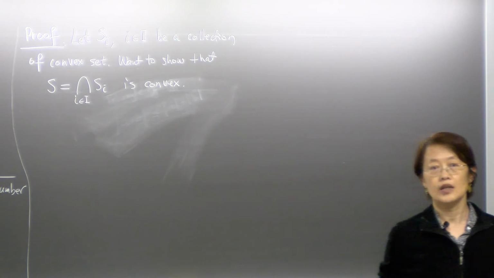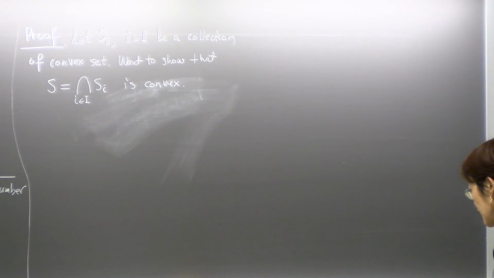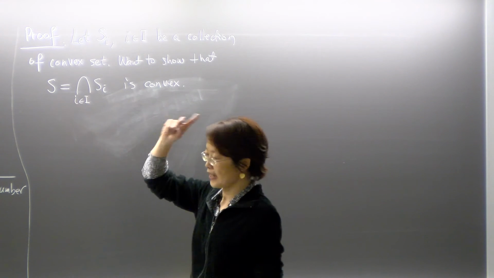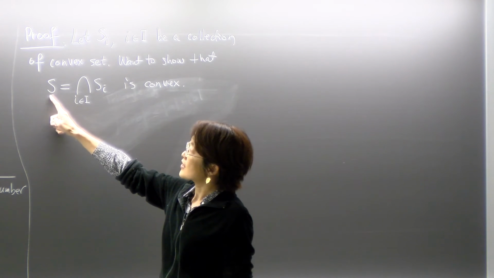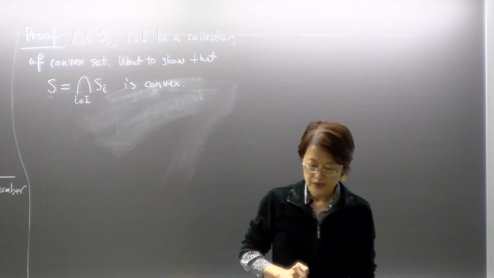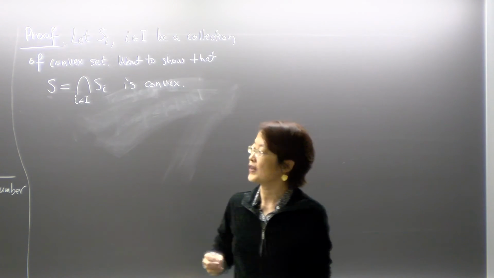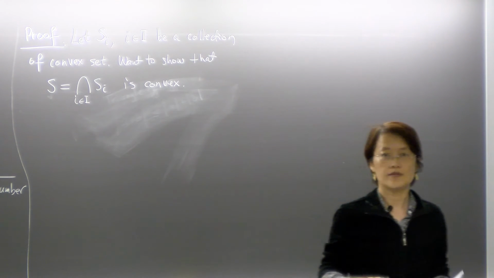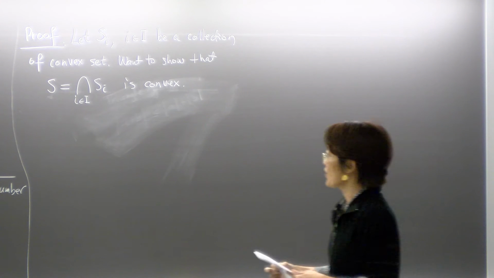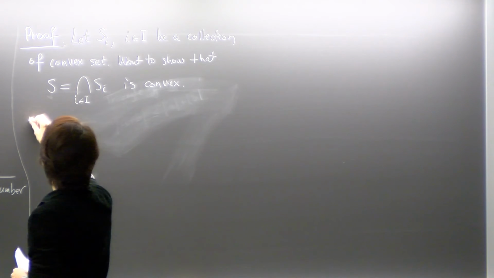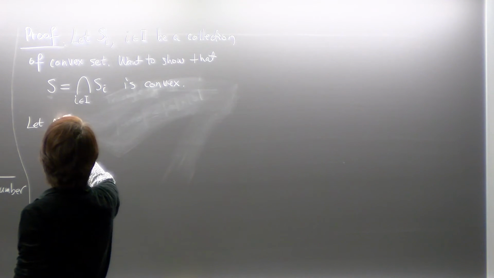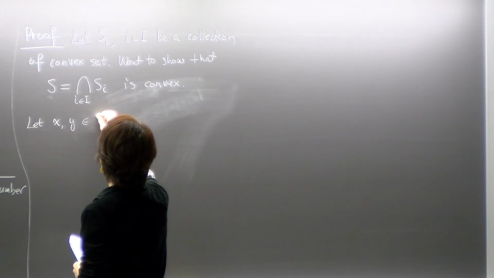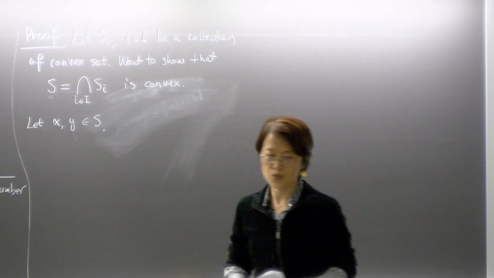We show it per definition. So what does it mean? Well, we'll take two elements, x and y, in this S here, and we make a convex combination of x and y and show that it is also in S. Is it clear? So that's what we were doing. So let's pick two elements, x and y. They are both elements in the set S. Just randomly I picked two.